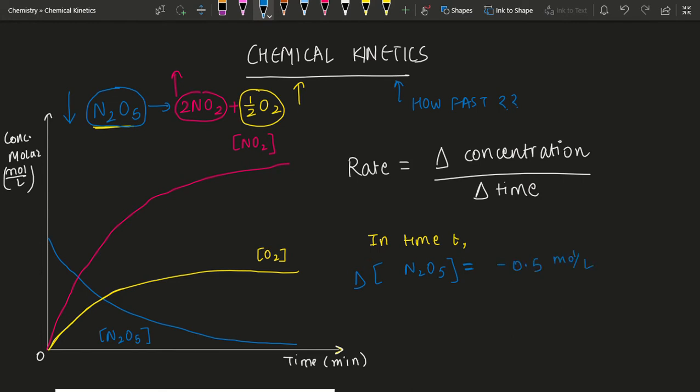What that means is that in some time t, where t is 1 second, 2 seconds, we don't specify, there has been a decrease in the concentration of N2O5.